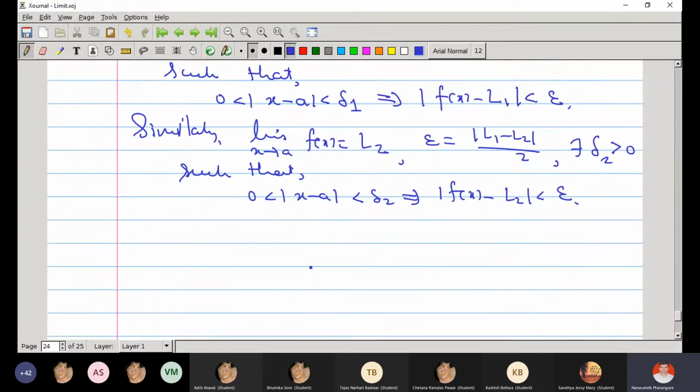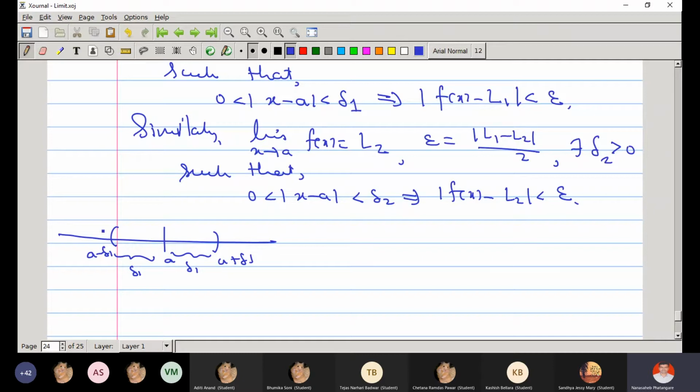Right, now see the situation. So a, and suppose this distance is delta 1. So a minus delta 1, a plus delta 1. So this distance is delta 1. Now we found another delta which is delta 2, which may not be the same as delta 1, right?